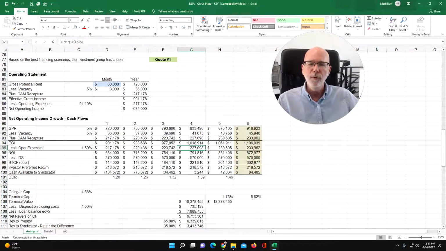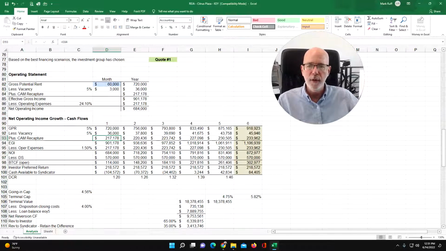The only real difference between your multifamily cases that we've done so far and this retail property is that we have to deal with CAM, common area maintenance. And we said in the fact pattern that our first year CAM is $217,000 and change.